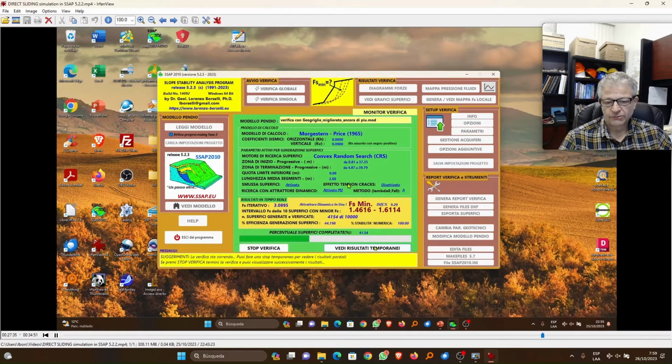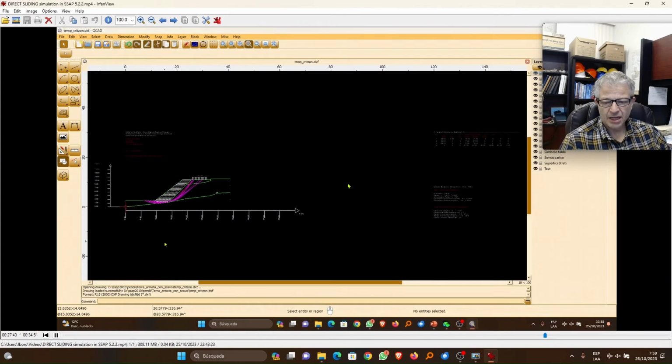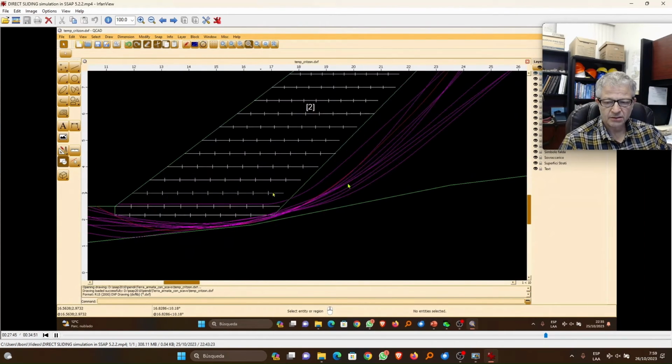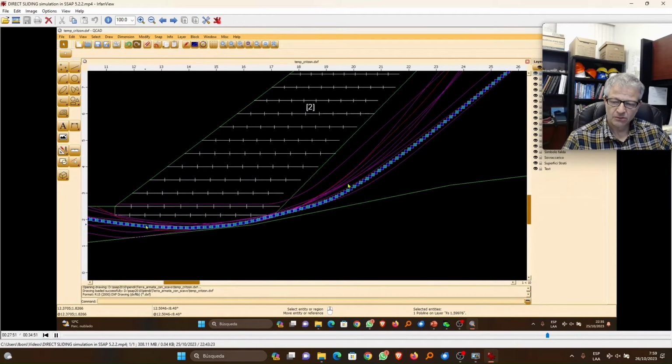This engine is, of course, the fastest possible, but in this case of reinforced earth it is better to use the sniff random search.